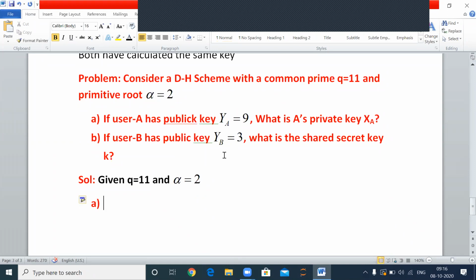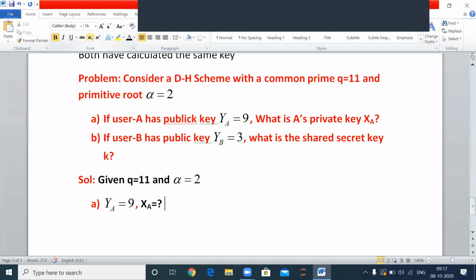Now, what is the first problem? User A has a public key, that is given. And what is A's private key? That is XA, and we have to calculate it.